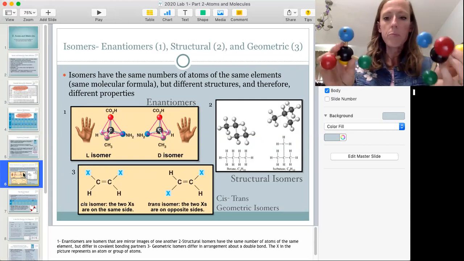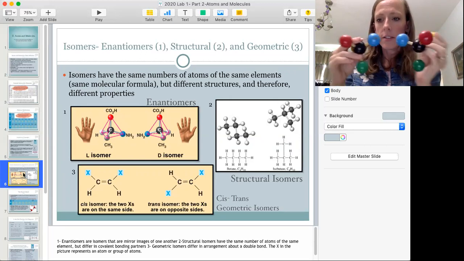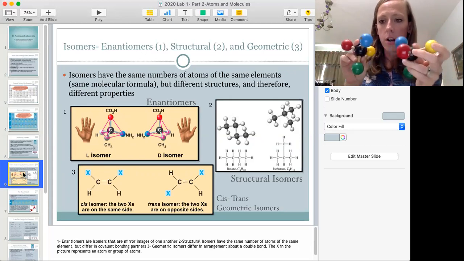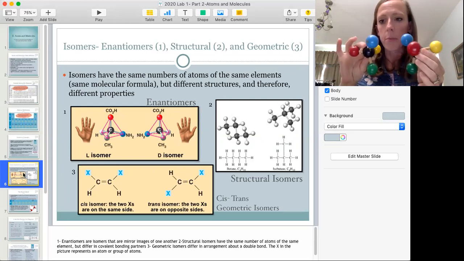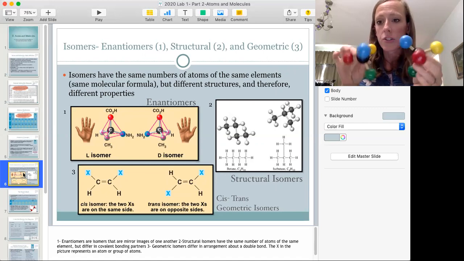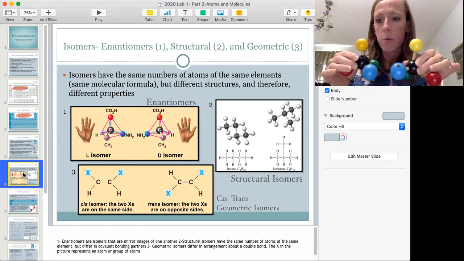But you can see here that I have the same number of atoms of specific elements. So again, like the black would be carbon, the red would be oxygen, the yellow would be hydrogen. So in each of these molecules, you've got the same molecular formula.